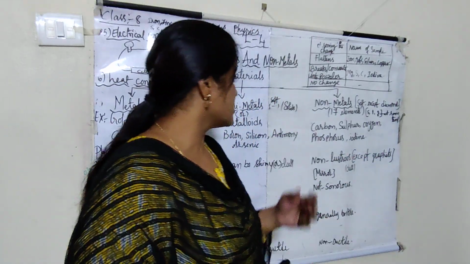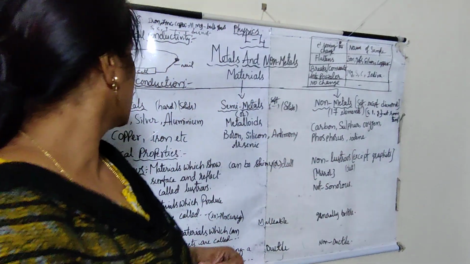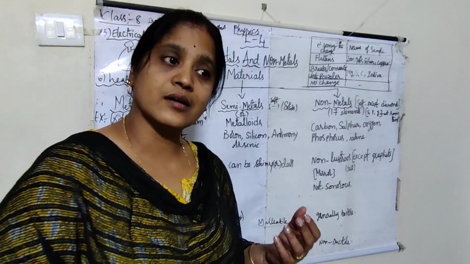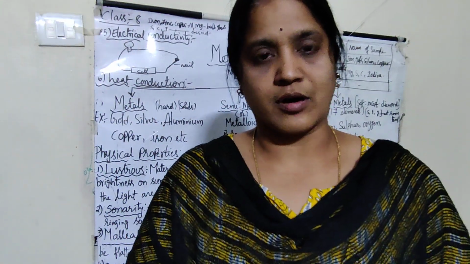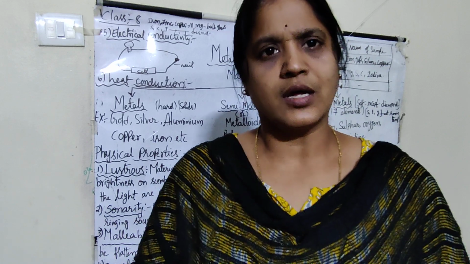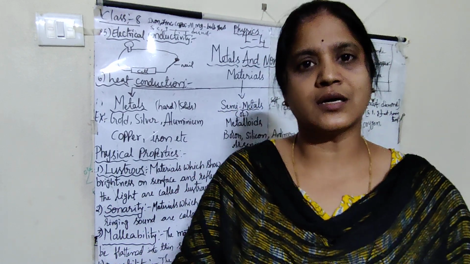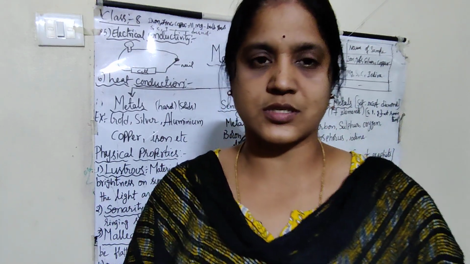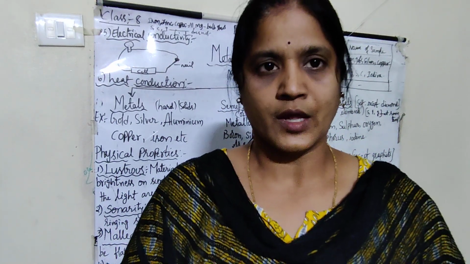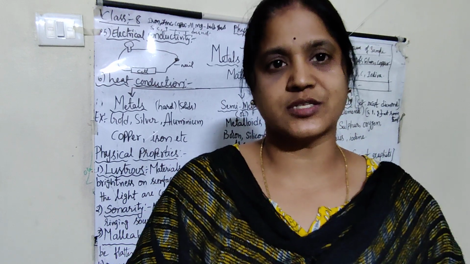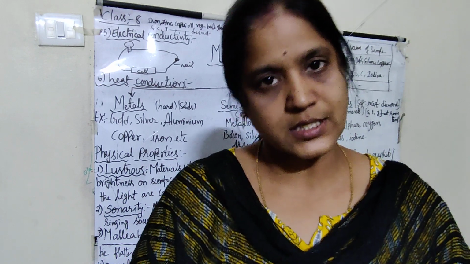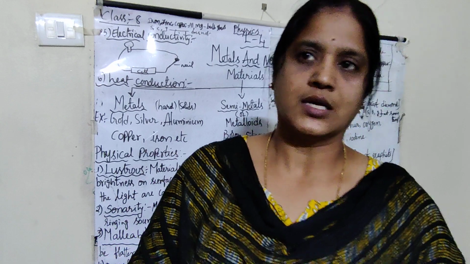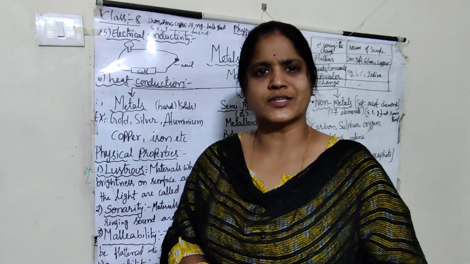So these non-metals exist in three forms, and they do not exhibit reflection of light. When light falls on these substances, they will not reflect the light, so they are non-lustrous. Non-metals are always non-lustrous. For this, you have to do one small activity.